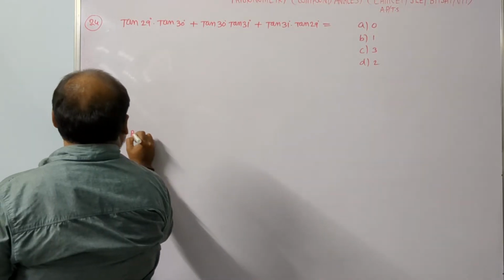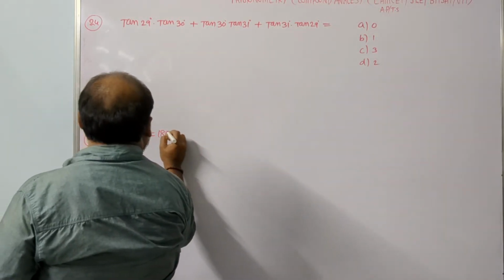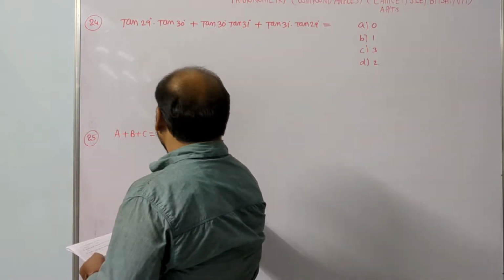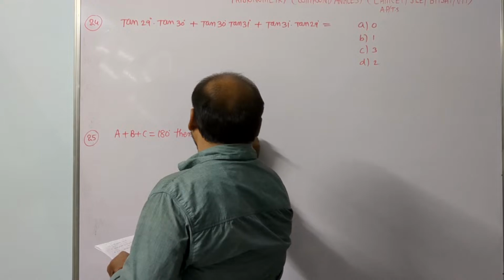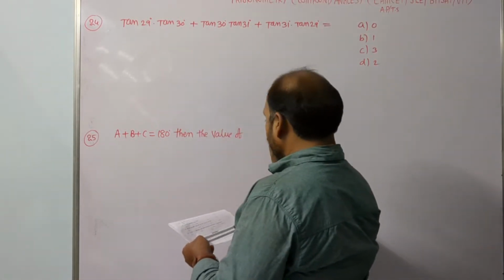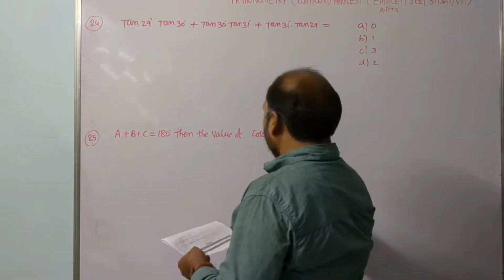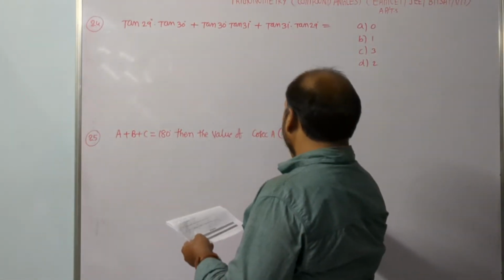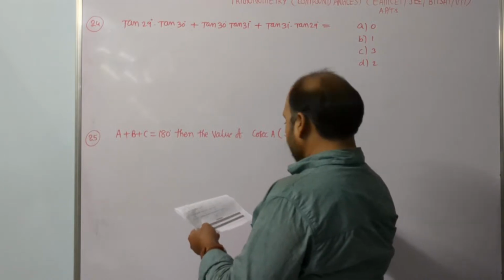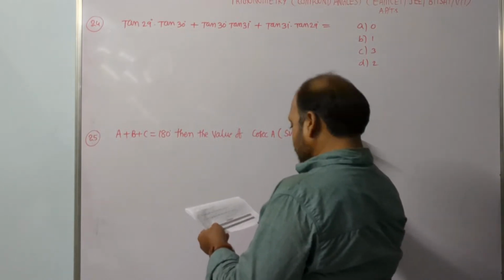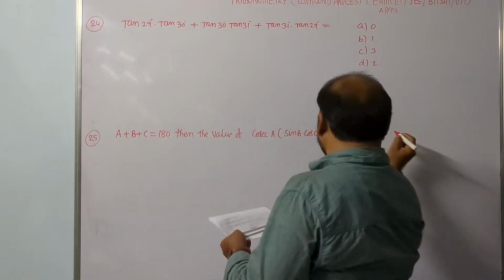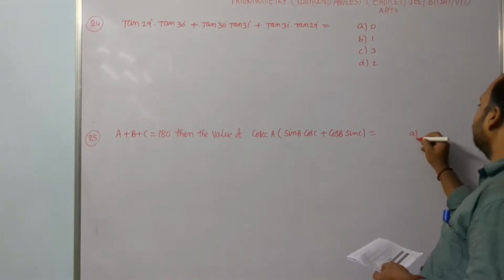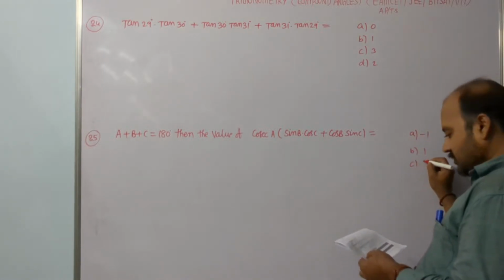A plus B plus C is equal to 180. Then the value of cosecant A into (sin B cos C plus cos B sin C) is equal to, options -1, 1, 0, 2.